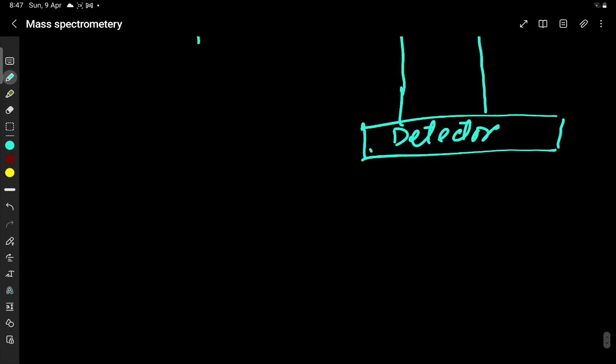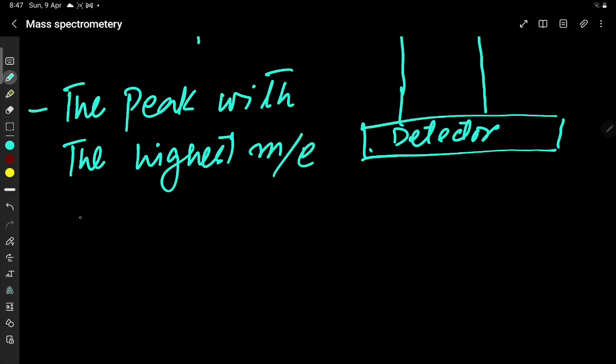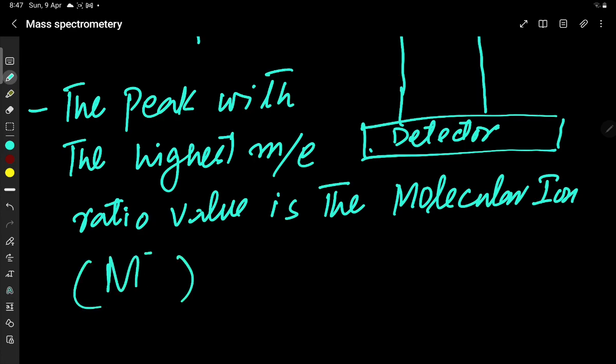So the peak with the highest mass over charge ratio value is the molecular ion, and it is represented with M plus.